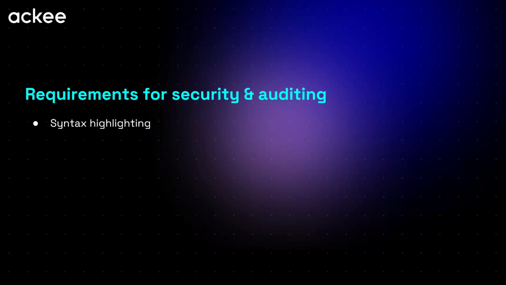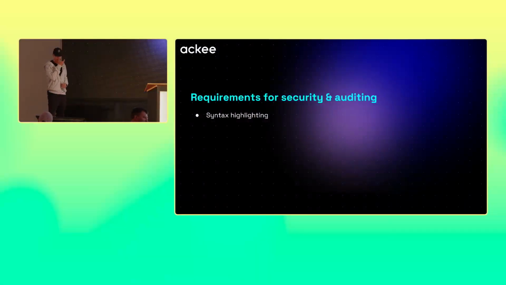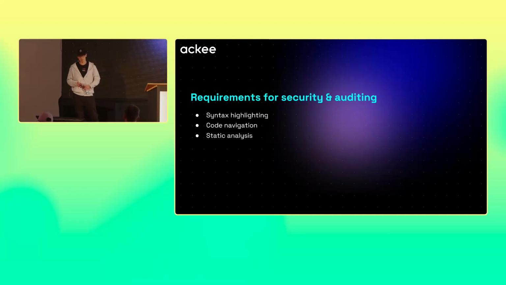Are there any security auditors out there? Hands up. Okay, not so many competitors in the room. Well, if you're a security engineer, what do you need from the extension? Syntax highlighting, of course. Code navigation.